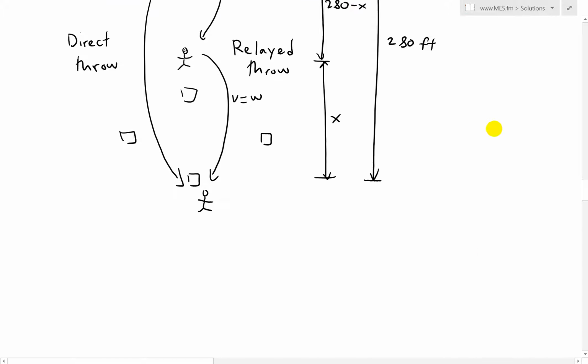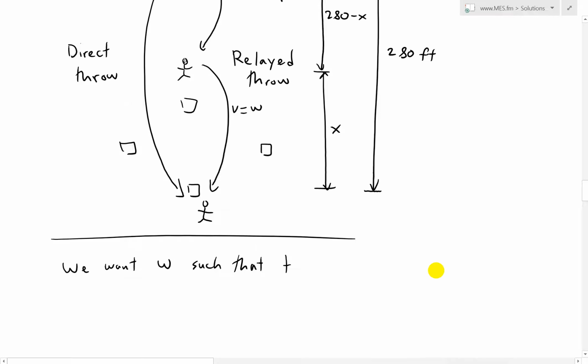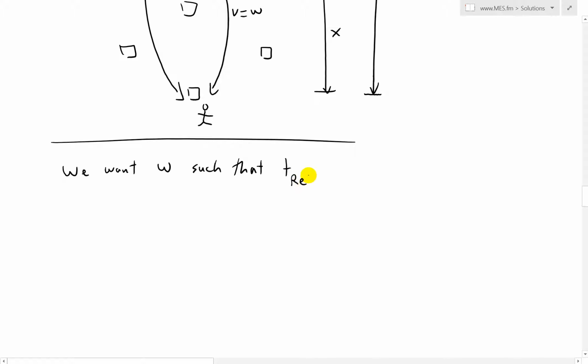Yeah, so now let's write what we want from the question. Part C is asking for the velocity of the shortstop such that the time it takes for the ball to be thrown in this relayed fashion, the time of relayed, equals the time of a direct throw.